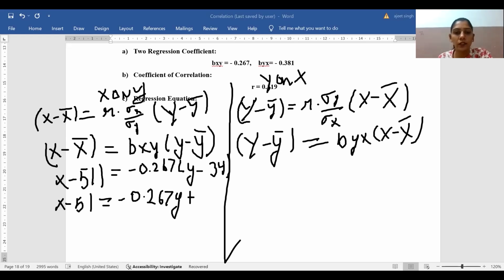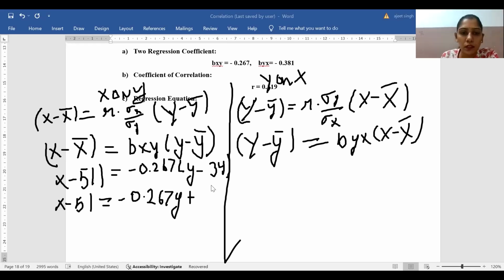Let's calculate with the help of a calculator: 0.267 multiplied by 34. So this is 9.078.